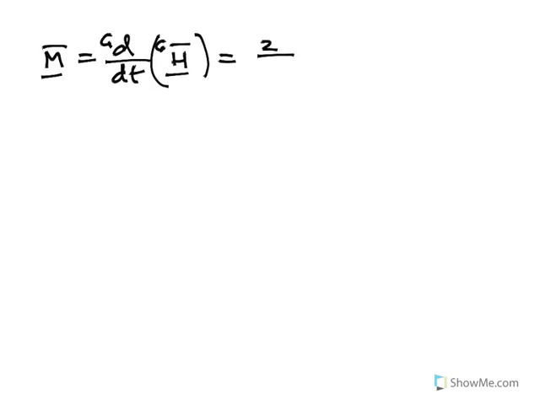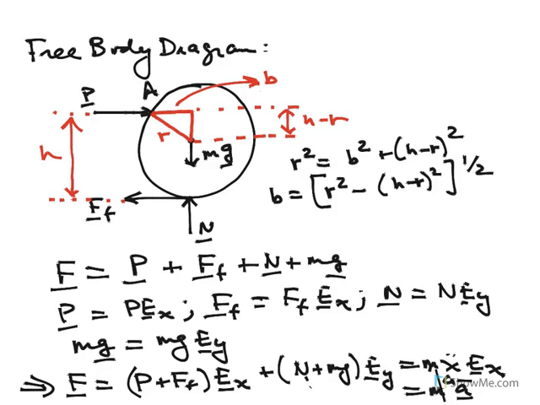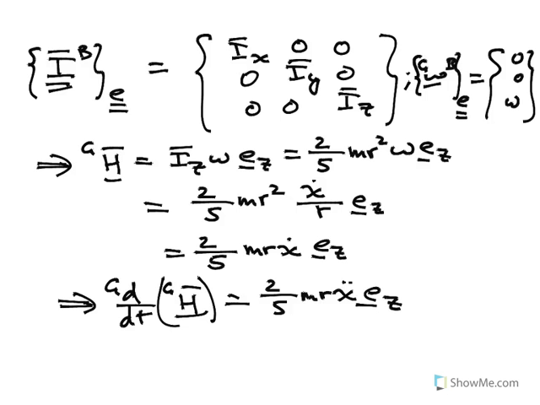Now what does that moment have to equal? The moment equals the rate of change of the angular momentum, which is equal to 2/5 mr x double dot ez, where I'm using the angular momentum from earlier.